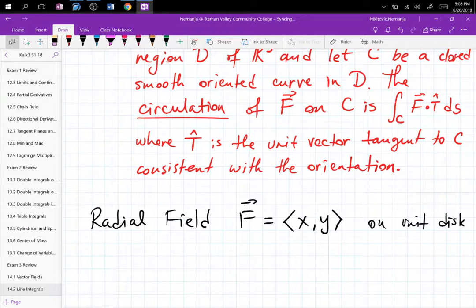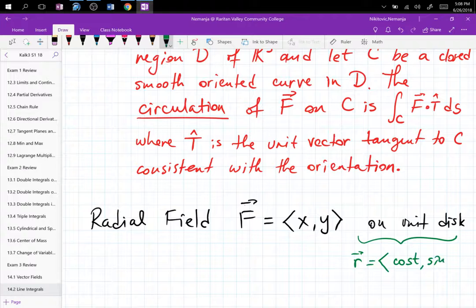So we have our closed, oriented, smooth curve that we can parametrize. So I'm going to go with the green over here and say r is equal to R cosine t, but since it's a unit disk, R is 1, so I just have cosine t, sine t.